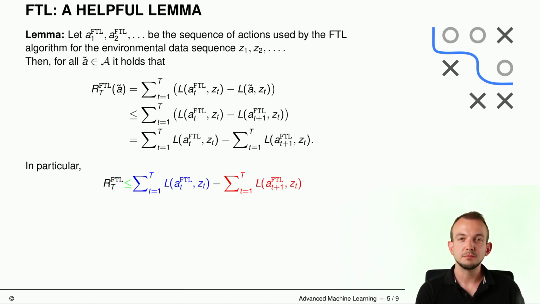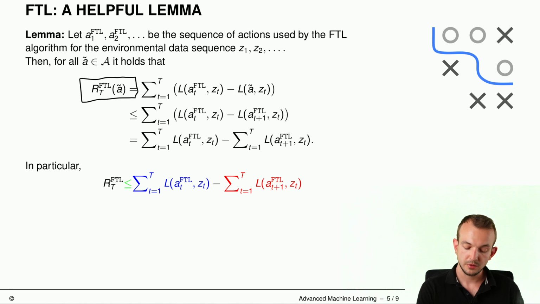And what this implies is in particular also a bound on the cumulative regret as it is. Well, because here this left-hand side is bounded by this right-hand side.